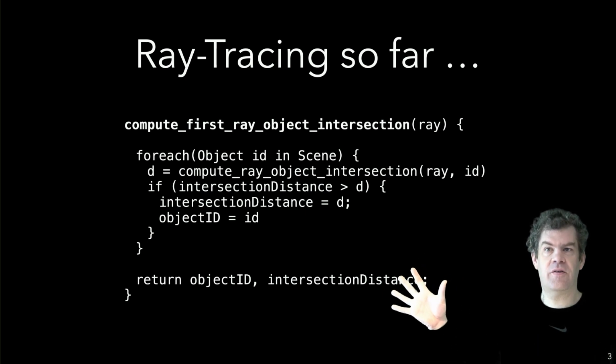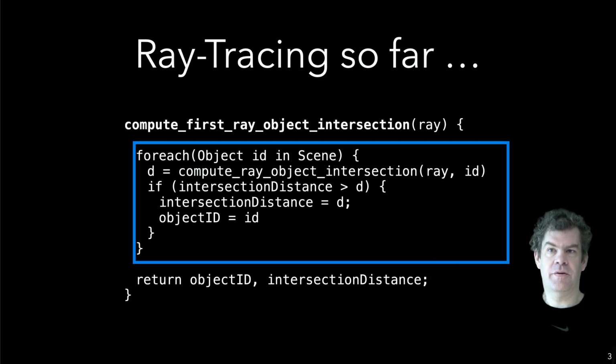And inside that call, we have this loop here, right? So that basically traverses all objects, figures out whether the ray intersects that specific object that we're currently looking at, which is denoted by ID here, and then we check whether that intersection distance to this specific object is smaller than the intersection distance that we found so far.